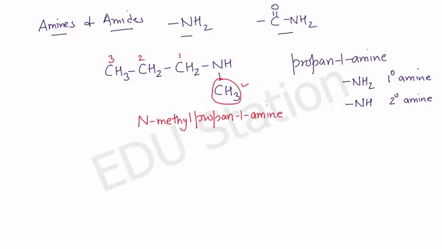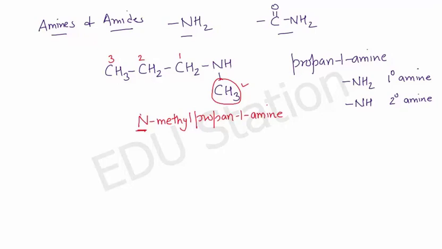This capital N indicates attachment with nitrogen, and this is just used as a number. If there are two nitrogens, then you'll be using a comma, or there is a hyphen between M and N. So you just use this capital N as a number.